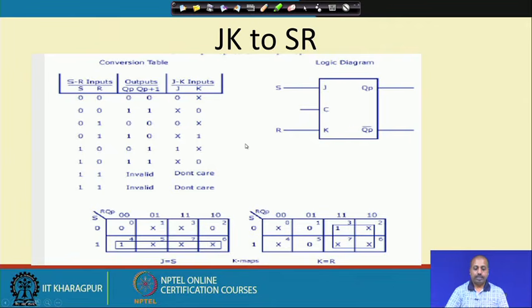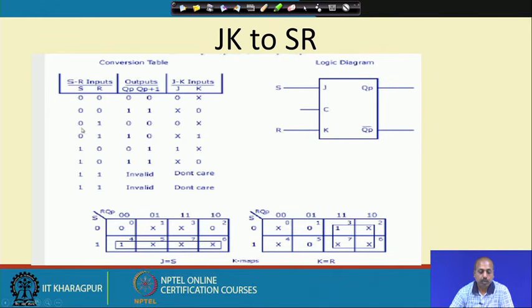How to do the other side, that is from JK to SR. For JK to SR, the ultimate behavior expected of the SR flip flop is like this. If S and R are 0 0 and QP is also 0, then QP plus 1 should be equal to 0. If it is 0 0 and QP is 1, then QP plus 1 should be 1, that is, it is holding the previous value.